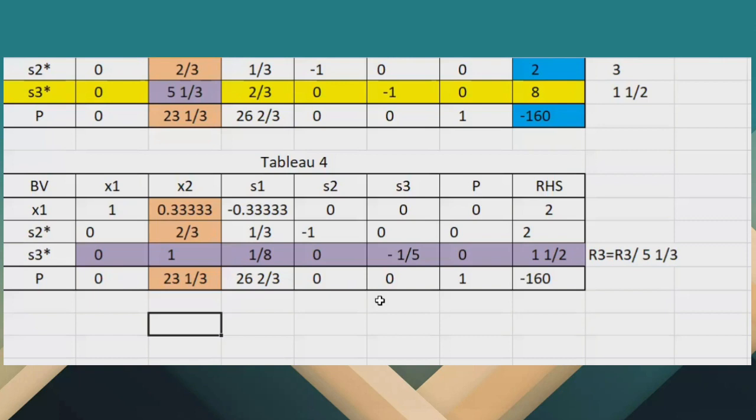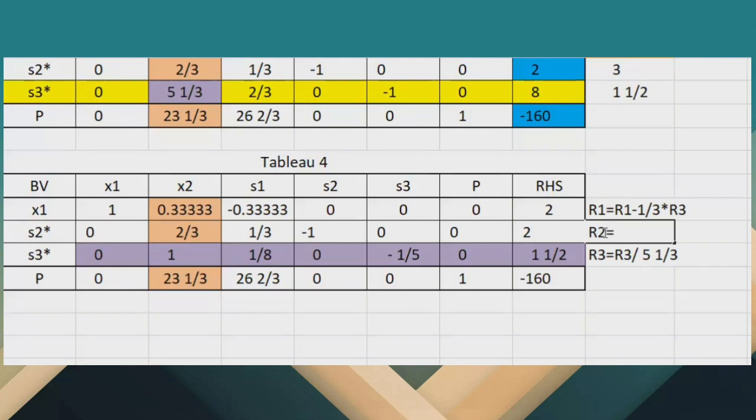So, next step. Kailangan natin gawing 0 tong mga to, yung naka-orange. So, gawa natin ng formula. Anong row yun? Row 1 is equal to row 1 minus yung 0.33333, alam niyo namang 1/3 yun, no? Times, ano yung naka-highlight ng purple na row? Row 3. Tapos yung row 2, pag ginawa niyo ng formula, row 2 is equal to positive 2/3 nakalagay, di ba?